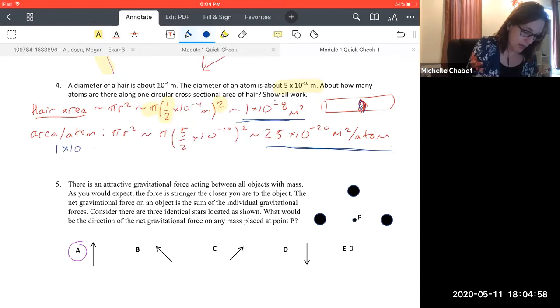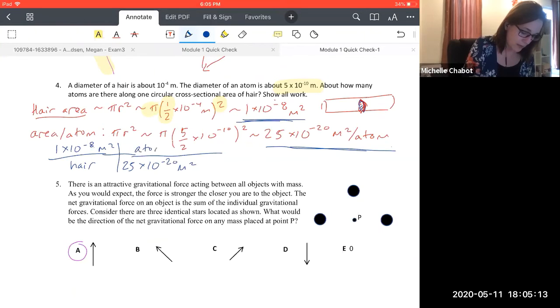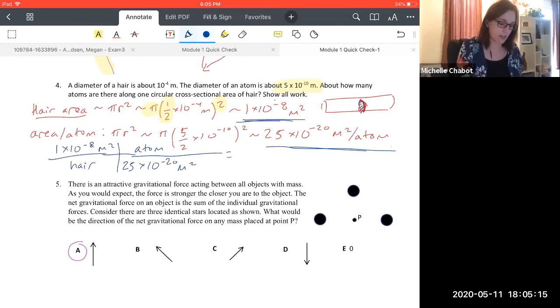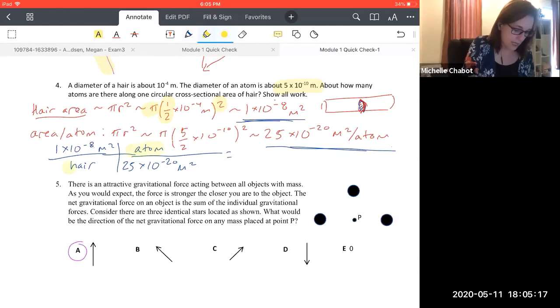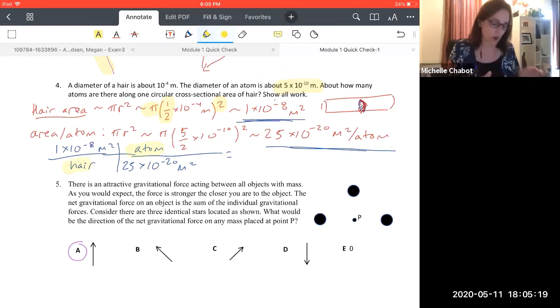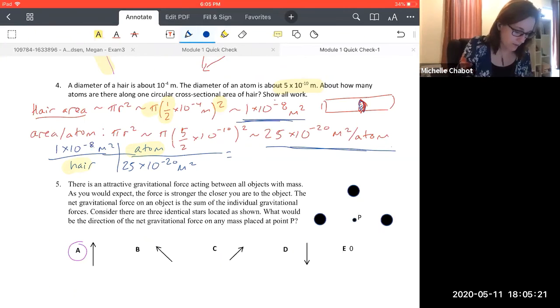So I have 1 times 10 to the minus 8th meters squared per hair, divided by 25 times 10 to the minus 20th meters squared per atom. And so that's going to give me how many atoms I have in one cross-sectional area of hair. If you remember how to do that, 10 to the minus 8th divided by 10 to the minus 20th is going to give me 10 to the 12th.